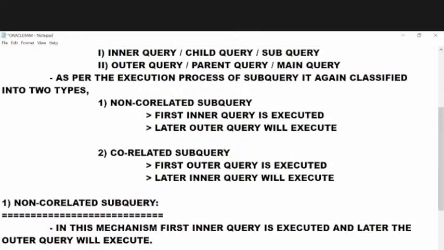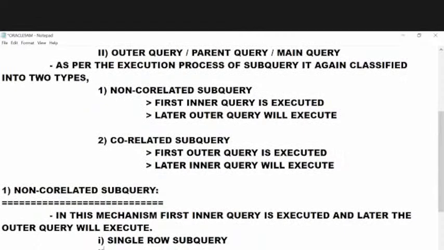In non-correlated, there are different types of subqueries. The first one we call a single row subquery. The second one is called a multiple row subquery.